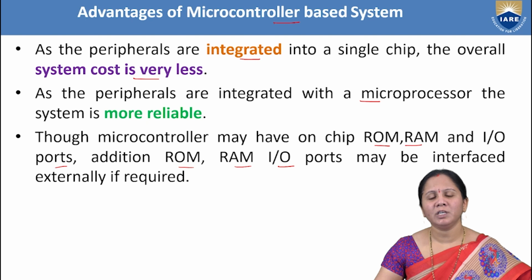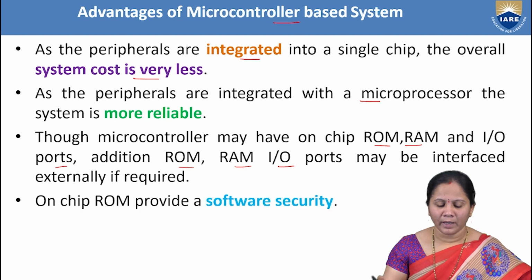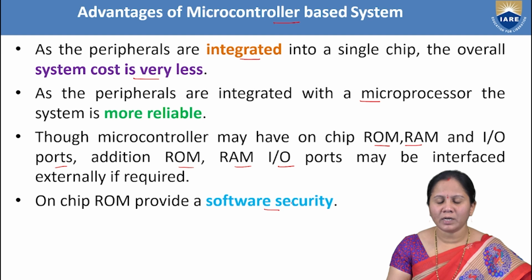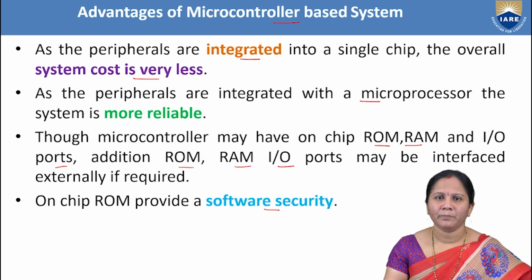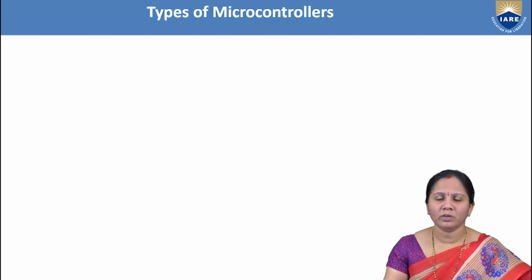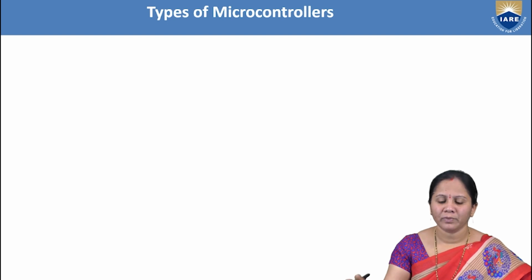So if internal memory is not sufficient, there is also the possibility to connect external memory if required. And on-chip ROM provides software security. And all those are different advantages of using a microcontroller.